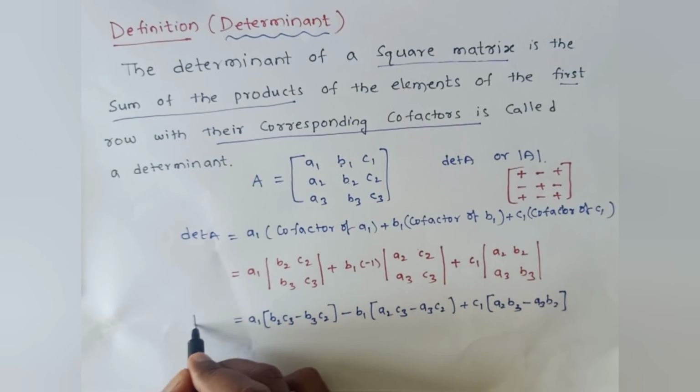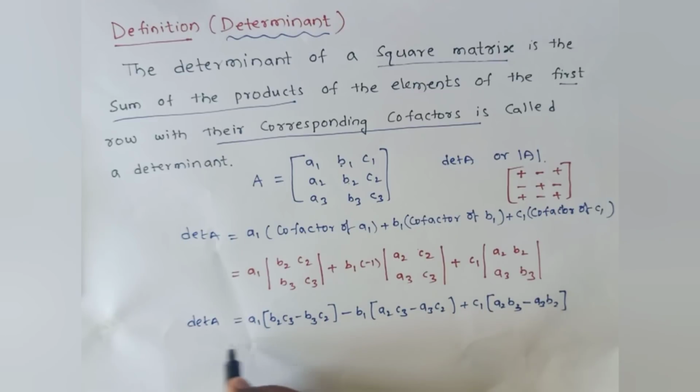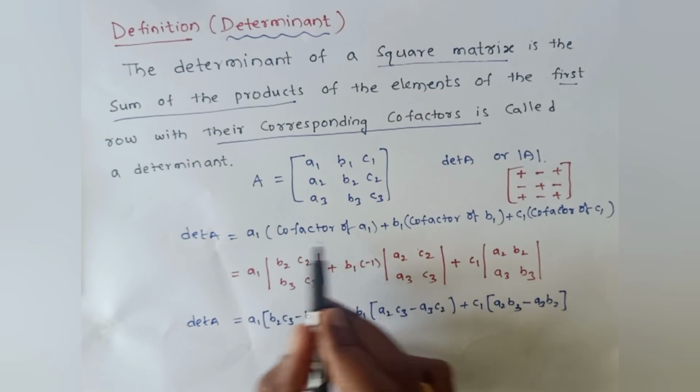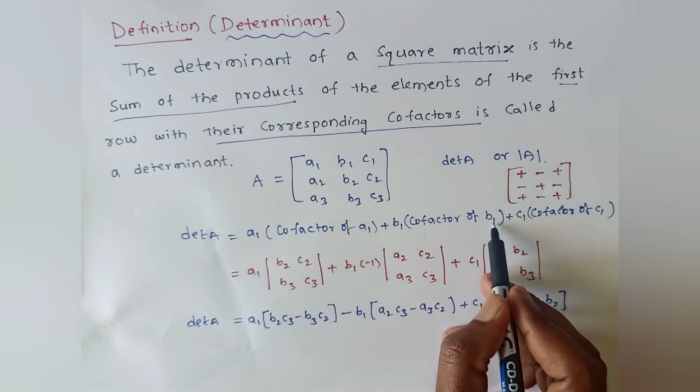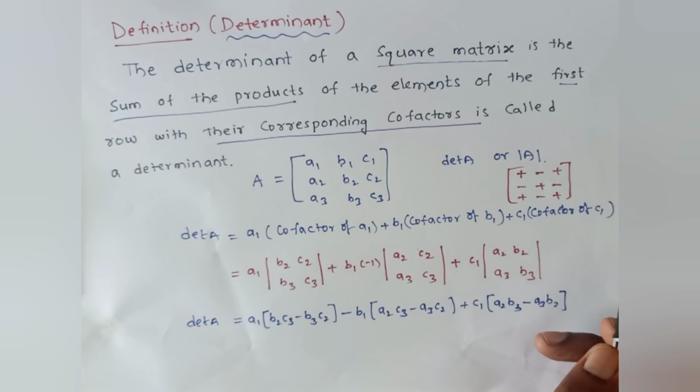So here the determinant of A is equal to a1 into cofactor of a1 plus b1 into cofactor of b1 plus c1 into cofactor of c1.